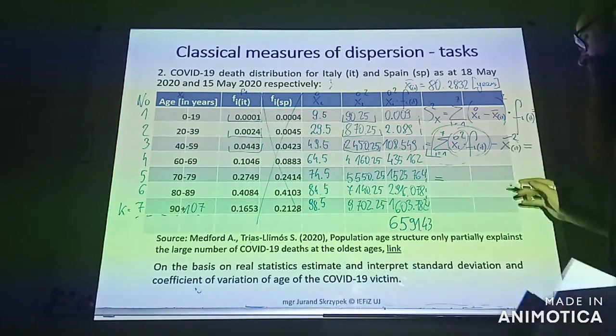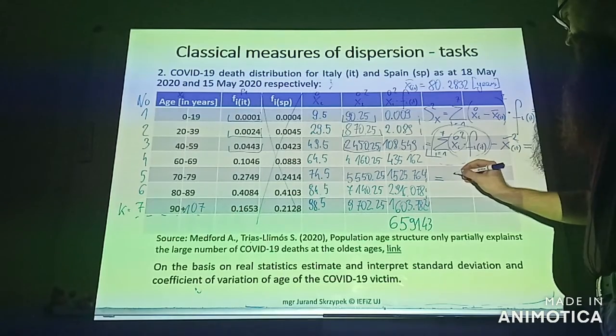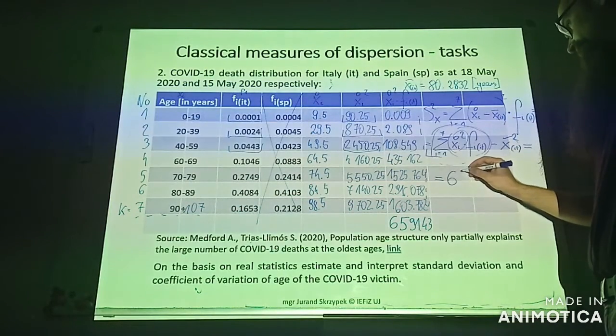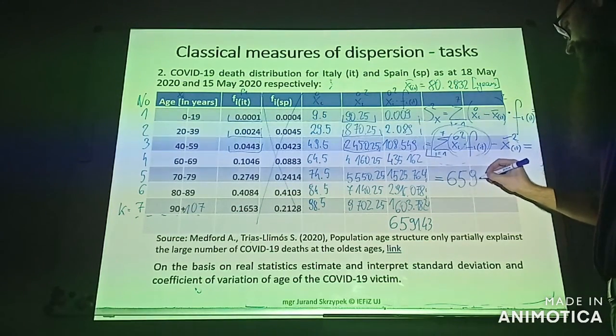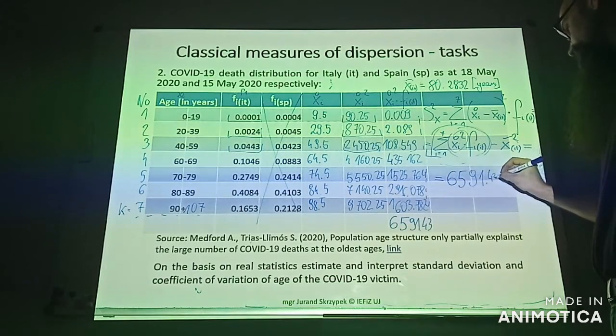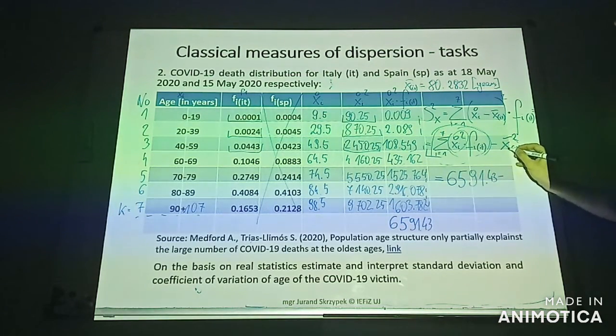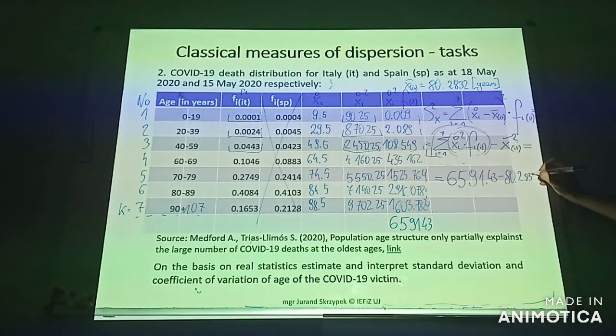So here we have 6,591.43 minus squared value of 80.2832 squared. Yeah?